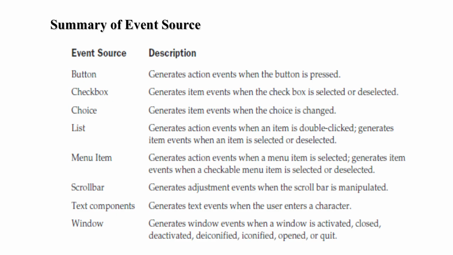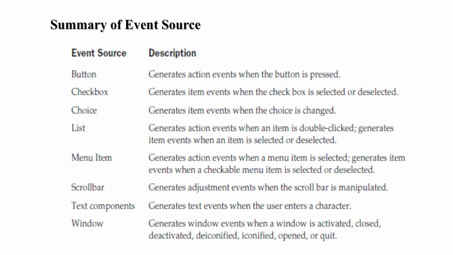Choice, when the choice is changed, this will also create some event. List, when we click on an item. Menu item, it will generate events for checkable menus, when they are selected or deselected.